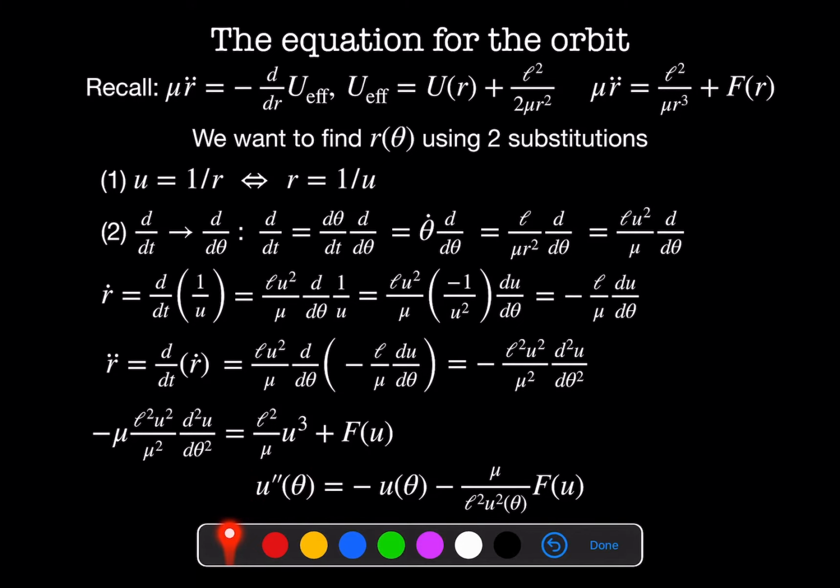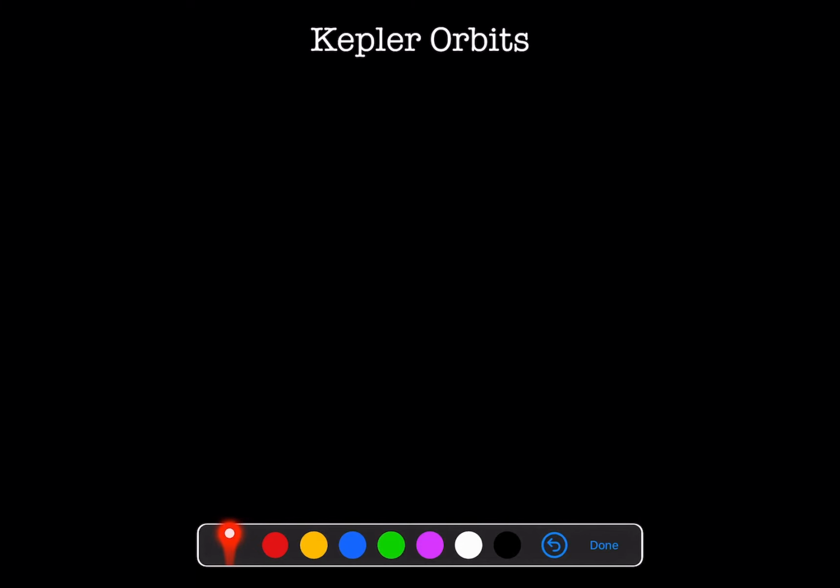For the rest of this week, we're going to focus on the special case of inverse square law forces and the orbits that they make. The two main examples of this are Kepler orbits, coming from gravitation, and bound states of the hydrogen atom, coming from electrostatics. While I'm going to focus on the gravitational system, all of these ideas apply to the electrostatic analogs as well.